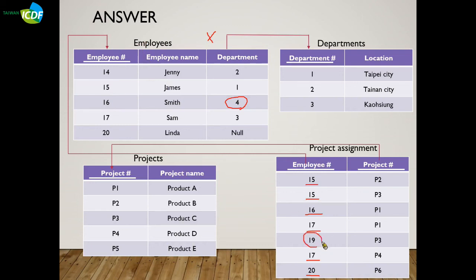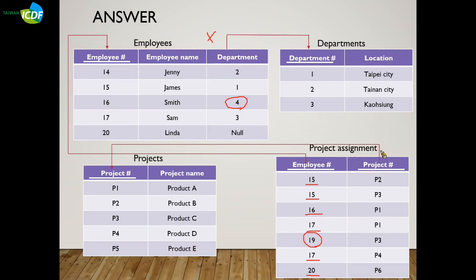However, employee number 19 cannot be found in the employees table. It means employee number 19 is involved in projects, but this employee cannot be found in the employees table, so it violates the referential integrity rule.